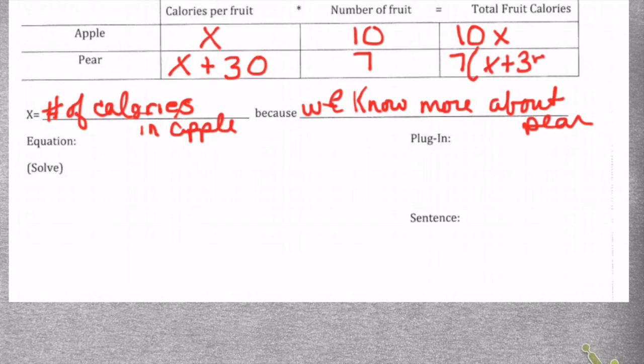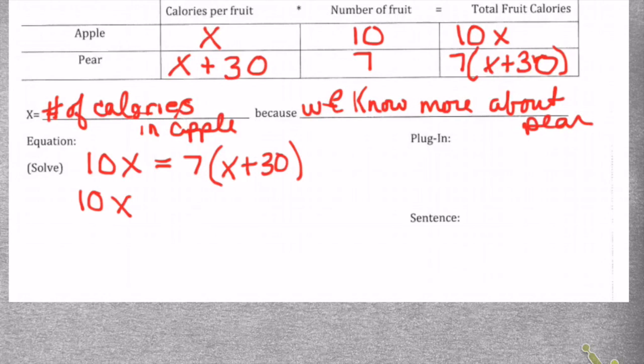And because the calories in 10 apples is the same as 7 pears, we can set up the equation as 10x is equal to 7 times x plus 30. So we solve that equation. Start with my distributive. And then subtract 7x from both sides.